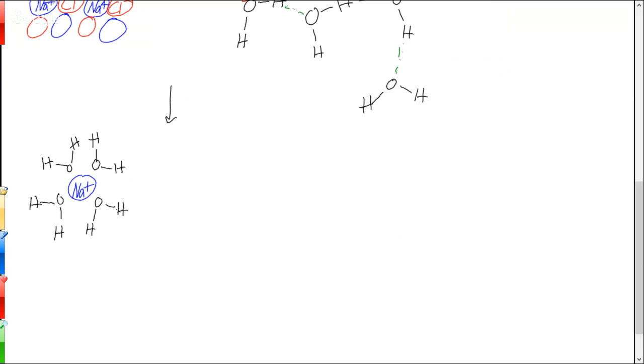All right. So then, since there's way more water in the solution, what you would expect to see is the extension of the hydrogen bonding network as it goes on and on throughout the solution.